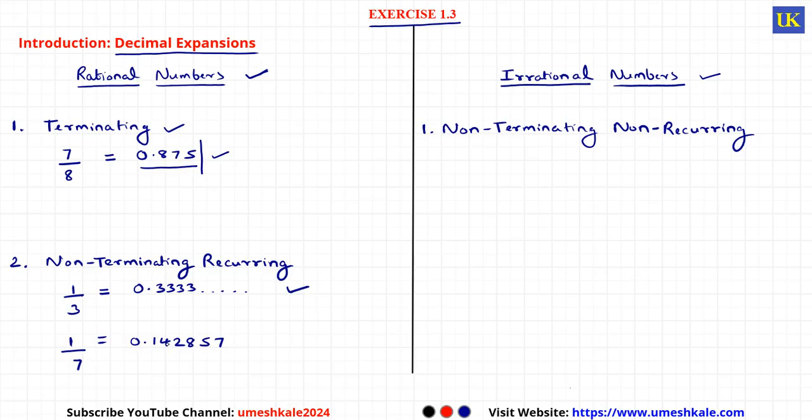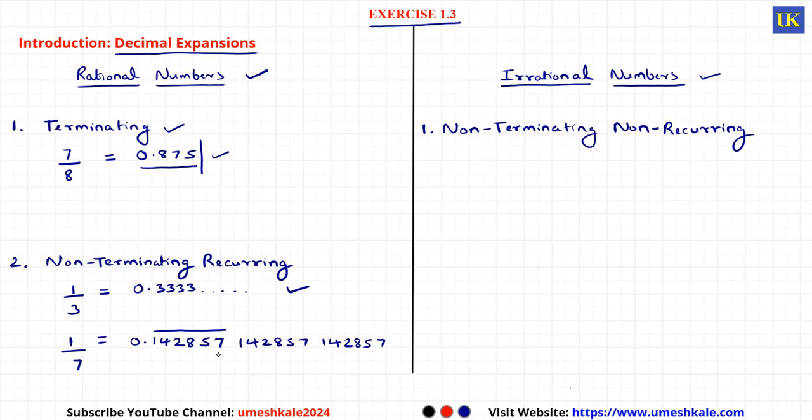Here, exactly like 333 is repeating, the numbers are repeating in a group. So again after this we will see 1 4 2 8 5 7. Then again after 7, again we will see 1 4 2 8 5 7. So the numbers are repeating in a group.